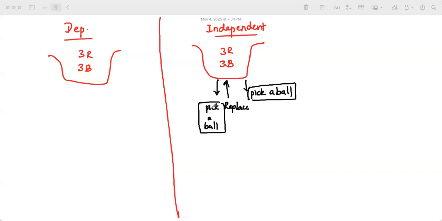I pick a ball, let's say a red ball. Now I put it back and make the bag the same when I pick the second ball. So can I say these two events are completely independent? The probability of picking the ball the second time is not at all dependent on the first one.